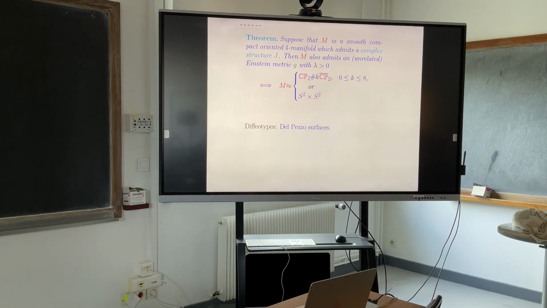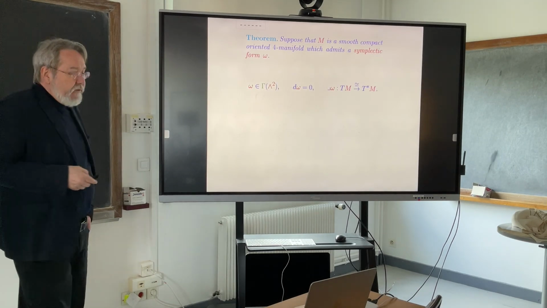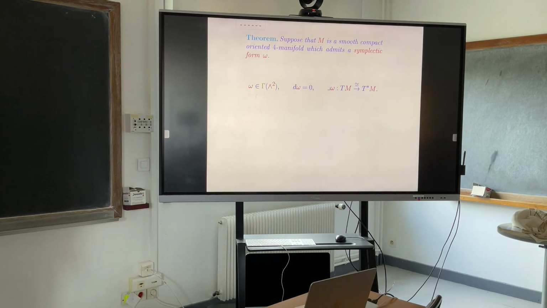There's a cute variation on this result, which is that rather than assuming that you have a complex structure on your four manifold, assume that it admits a symplectic structure. Remember, a symplectic structure is by definition a closed, non-degenerate two form. Non-degenerate in general would mean that it sets up an isomorphism between the tangent bundle and cotangent bundle.